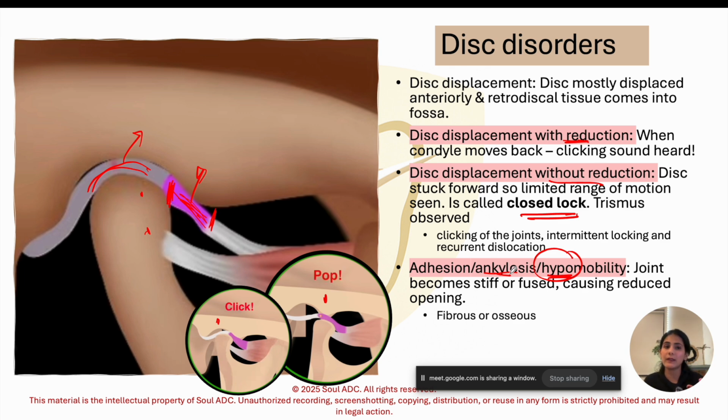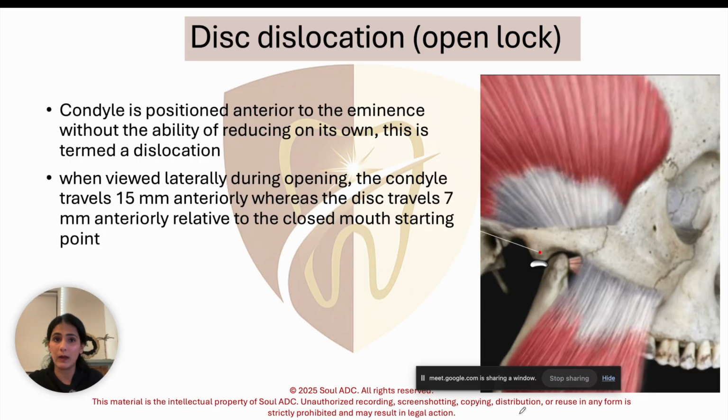If fusion happens, there will be stiffness, and no opening or reduced opening of the mouth. This stiffness could be either fibrous, that is the fibers that have got stiff in that location, or osseous. Osseous means your bone getting stiff. So it is combining and becoming stiff, so the patient is not able to open the mouth.